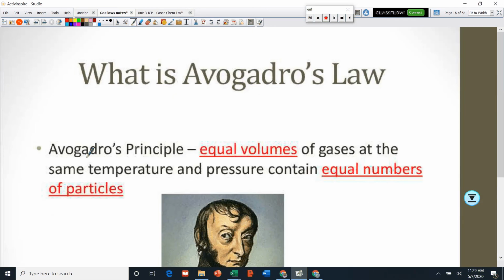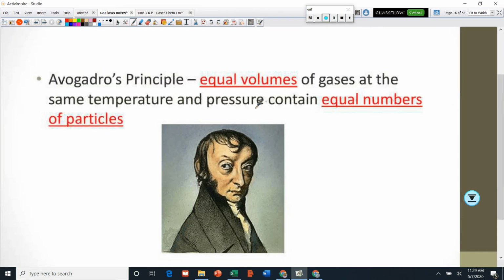All right, so what is Avogadro's law? Avogadro's law states that, or Avogadro's principle states that, equal volumes of gases at the same temperature and pressure contain equal numbers of particles. What he discovered is that if he took 22.4 liters of nitrogen gas versus hydrogen gas, at standard temperature and standard pressure he was able to fit the same number of particles in there, 6.022 times 10 to the 23rd particles.